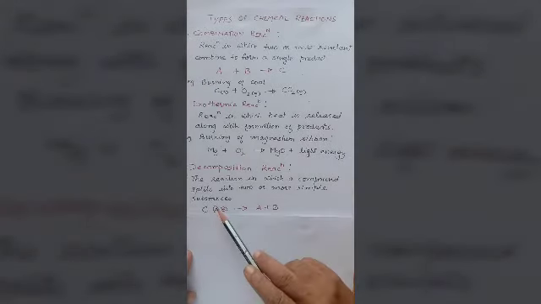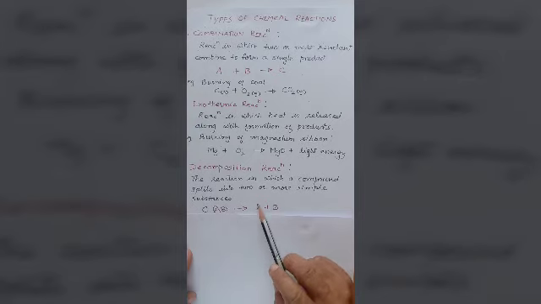So decomposition reaction has nearly the same meaning. In a decomposition reaction, one particular bigger molecule is broken down into smaller substances. So for example, if I write AB breaks into A and B.